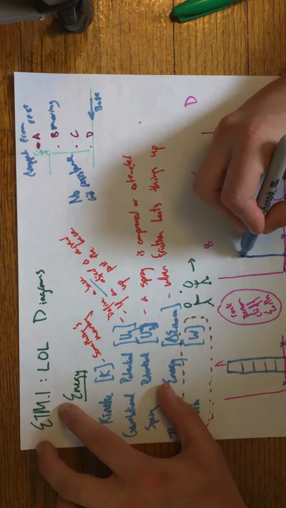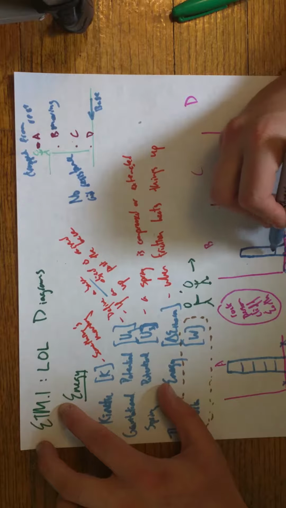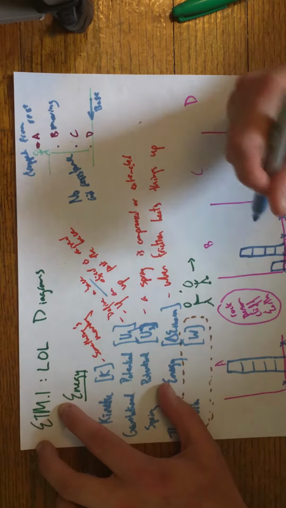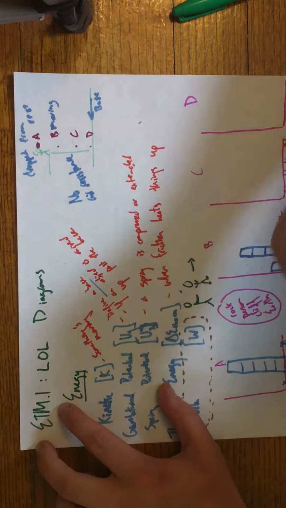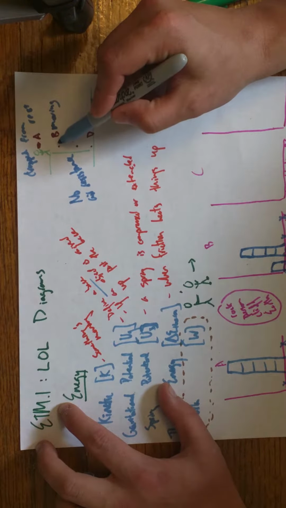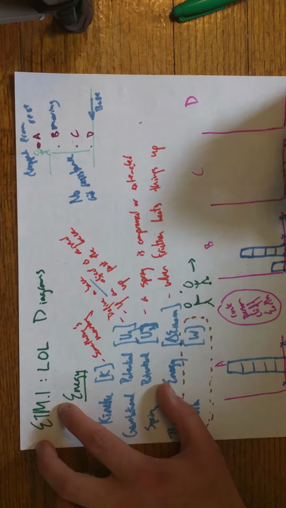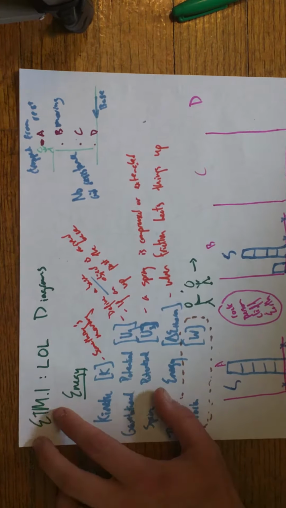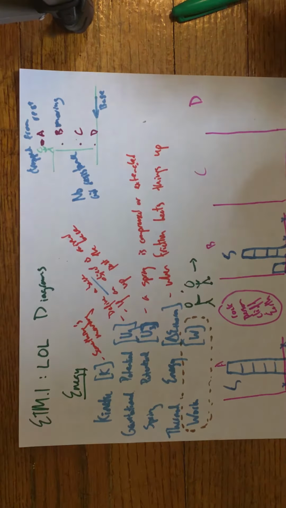Well, I'm going to give this, let's say, 4 for UG and 1 for K. Why did I do that? Well, if I started over here with 5 for UG and then the rock moved to a lower position, there must be less UG here in B. And some of that energy, the energy block, went to K. So overall, I still have 5 blocks. Over here, I still have 5 blocks. Things are balancing out, and that's what we want. Energy will move from one bucket to another, but the overall energy will stay the same.